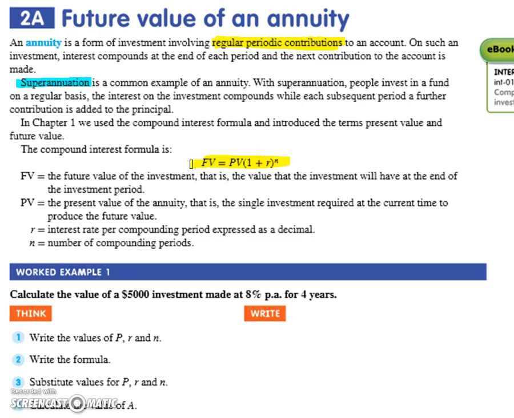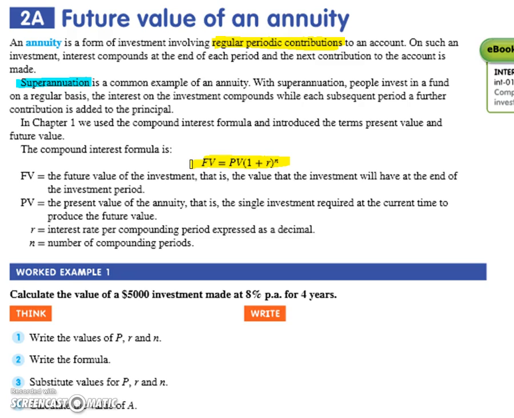Remember that the 1 plus r is your interest rate plus 1 because it's increasing. When we did depreciation, it was 1 minus r. FV is the future value, PV is the present value, r is the interest rate per compounding period. Remember, if it's compounded monthly, you have to divide your per annum interest rate by 12. And n is the number of compounding periods.